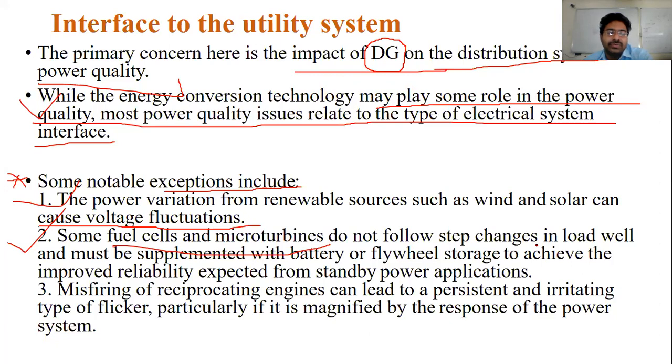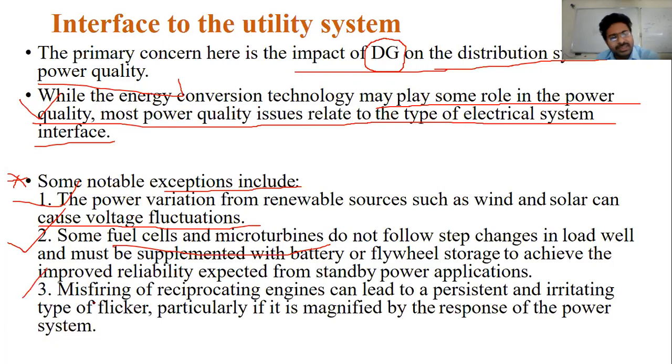You can design these fuel cells as well as micro turbines for that load only, and that load only they can withstand. If there is some addition of load, these two devices, fuel cells and micro turbines, will not be able to withstand that additional load. Okay, so there is some fixed load we are going to have here.